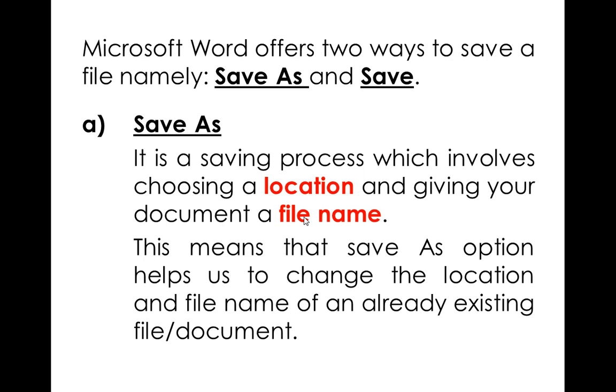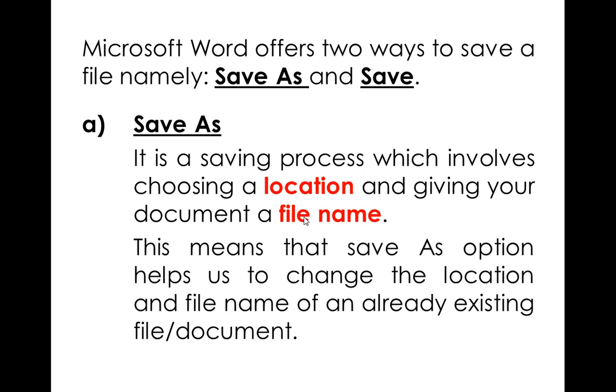Understood? Now, this means that the Save As option helps us to change the location and the file name of an already existing file or document. Save As is done at first.